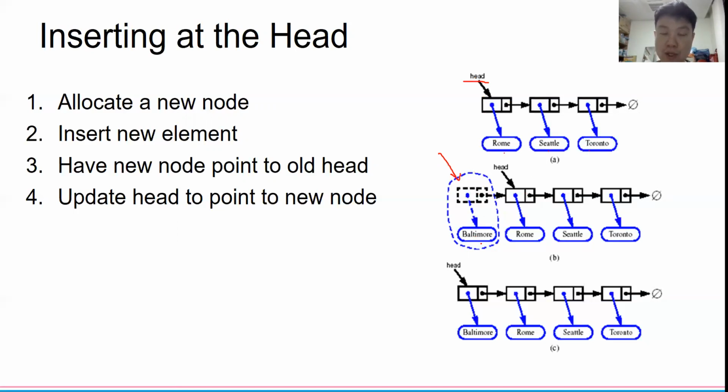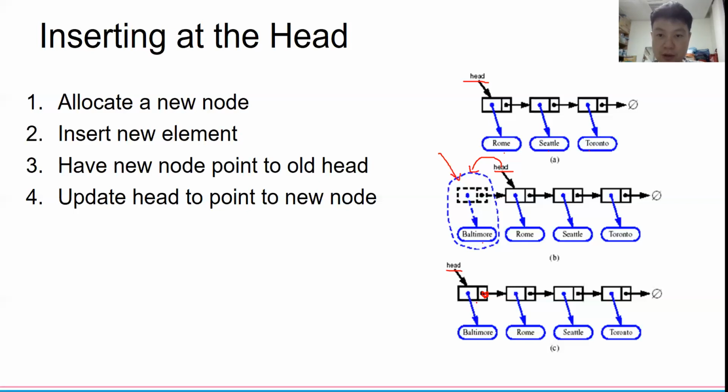We want to put Baltimore before Rome, so the role of the first node is replaced by Baltimore, and the next node will be Rome, stored in the variable next.